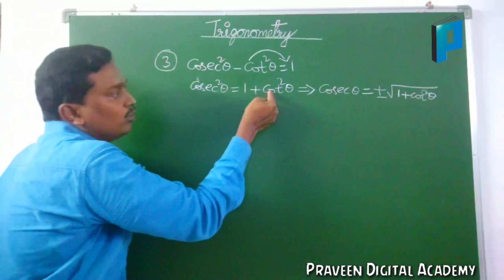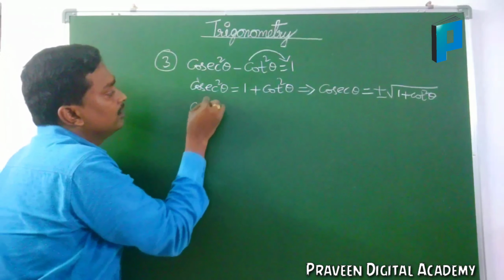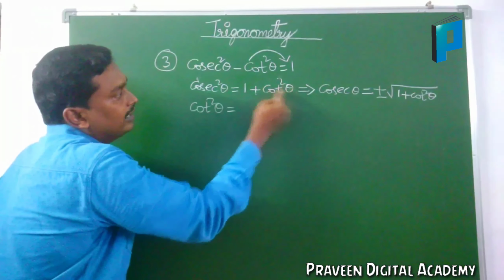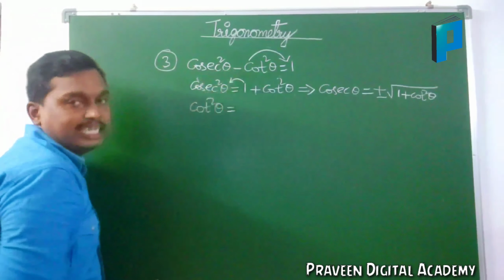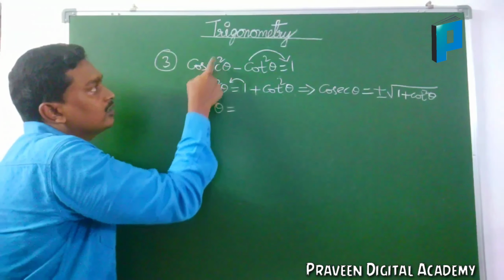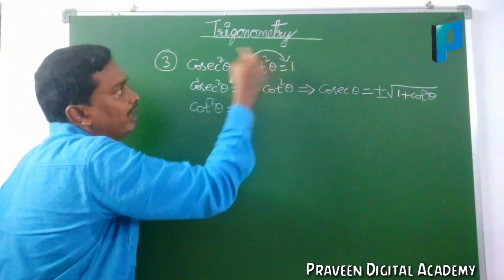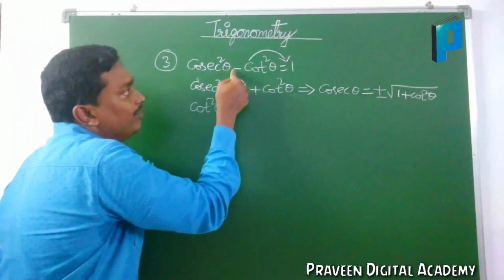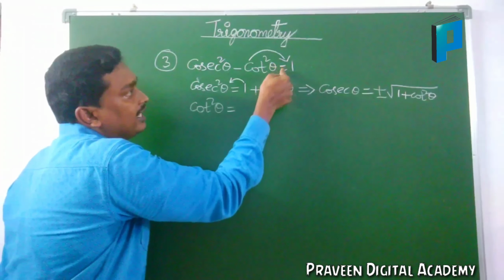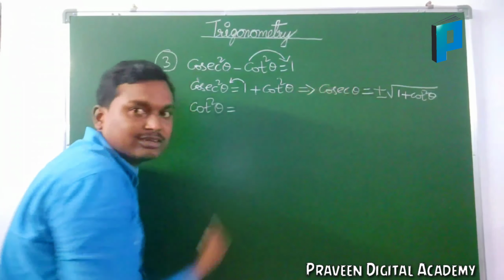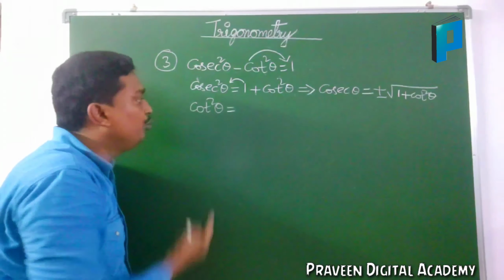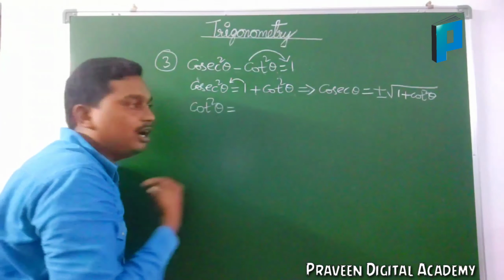Now if you want to know cot square theta, what we will do to find out the cot square theta? This plus 1 we will send here. We will not send this cosec square theta to here. Why? Because if you send this cosec square theta here, we will get minus cot square theta is equal to 1 minus cosec square theta. We don't want minus cot square theta. We want plus cot square theta.